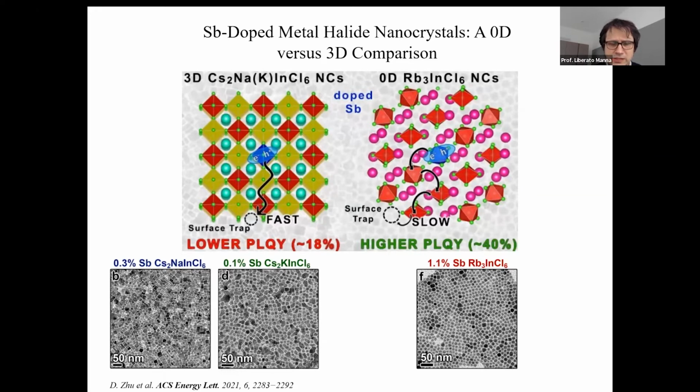It's at least twice as high as in the case of the antimony-doped double perovskite. And this does not really depend on the level of doping. You can tune as much as you want the amount of antimony in the two systems, but you will always end up with a higher PL quantum yield in the 0D case, which again somehow supports our hypothesis that in the 0D system, the excitation formed in the bulk of the nanocrystal probably travels more slowly to the surface, where it would likely be killed.